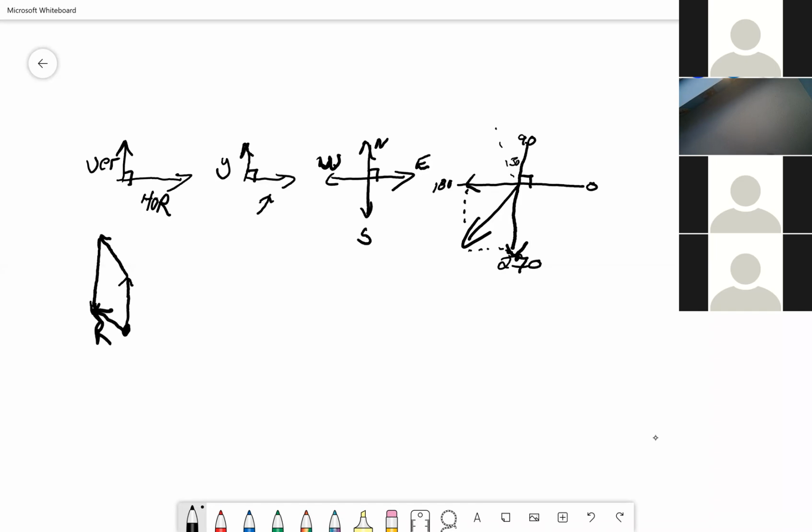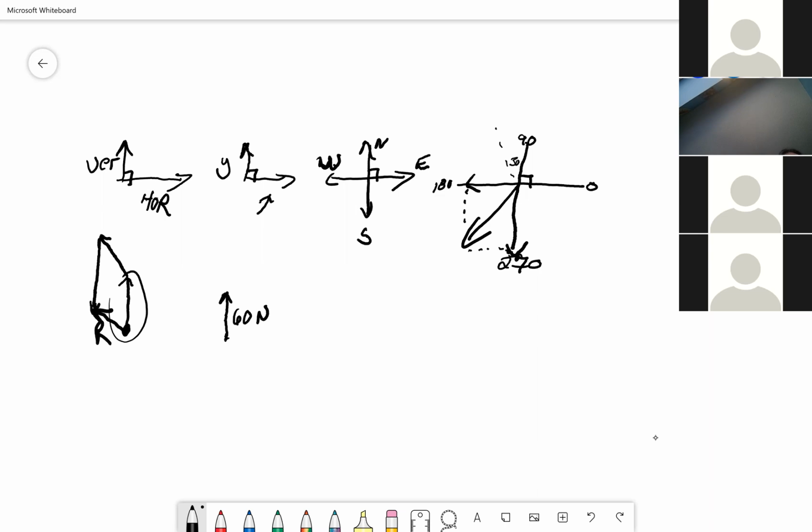So what you end up having to do is take each one of those vectors. You've got this one right here, which is 90 degrees, so it's going up here: 60 newtons at 90 degrees. It's all in the 90 to 270 line, so that's okay.